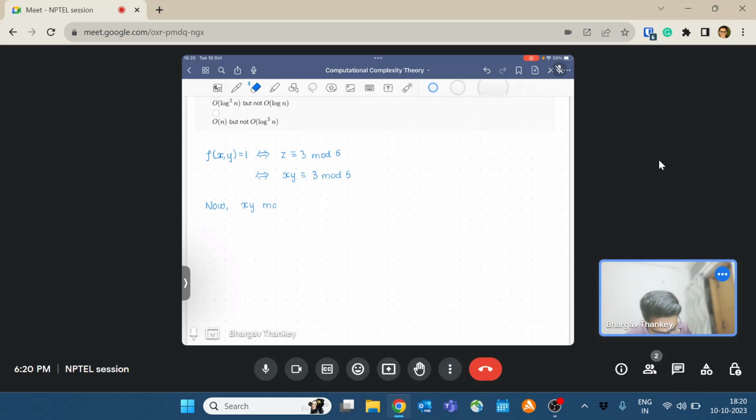Rather, let me write it. xy is congruent to (x mod 5)(y mod 5), whole mod 5.